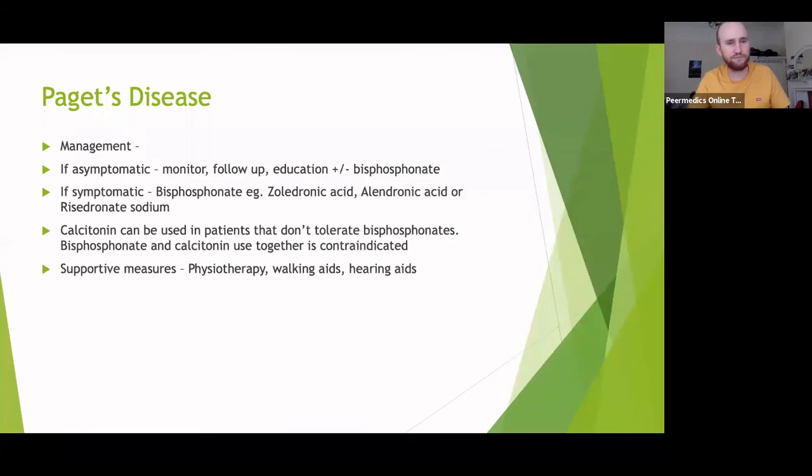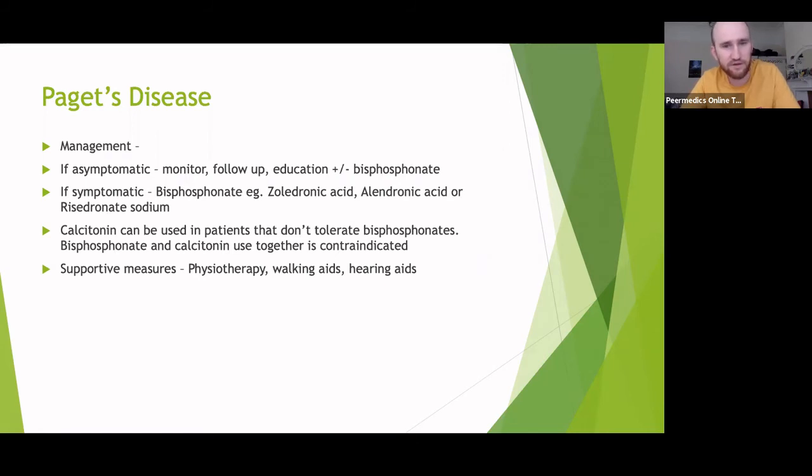So management: hopefully it's asymptomatic and you've picked it up incidentally. If not, then you can use bisphosphonates. The ones we've already discussed are zoledronic acid, alendronic acid, risedronate. Calcitonin is an iffy one. Calcitonin is found naturally in humans, but it has no clinical relevance to calcium levels.